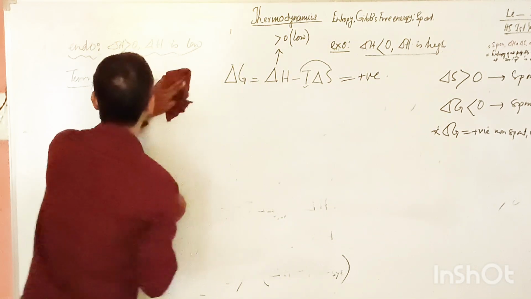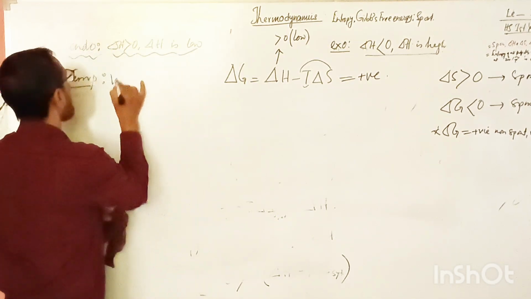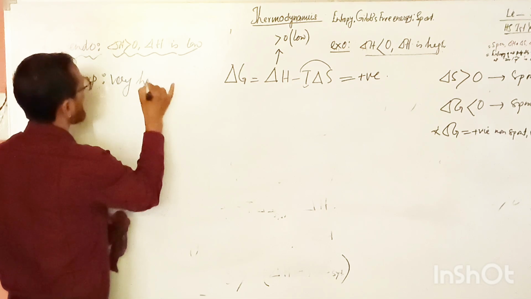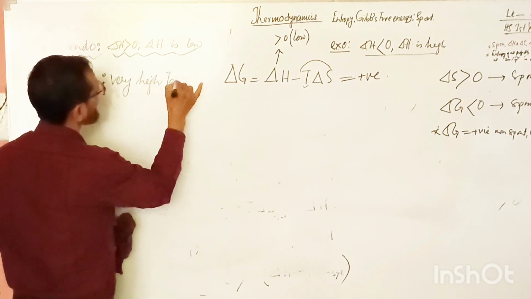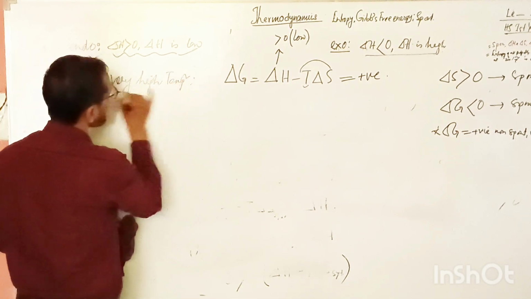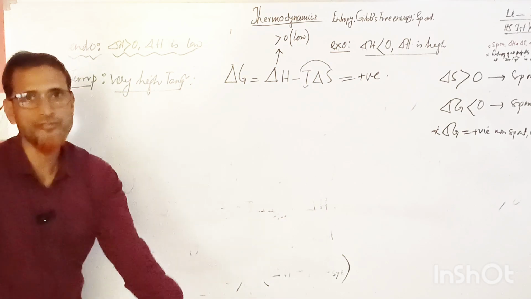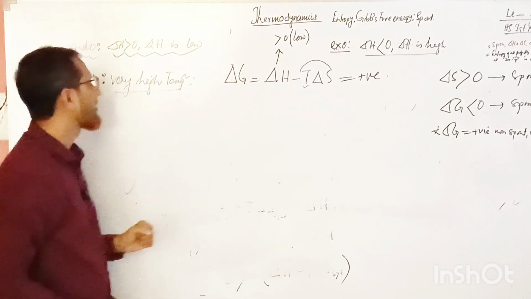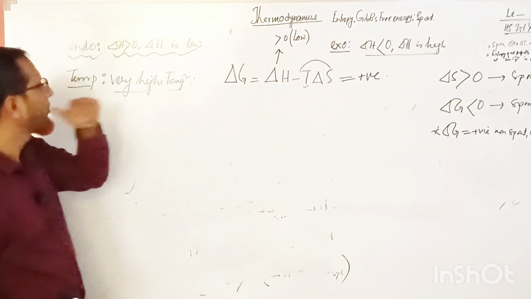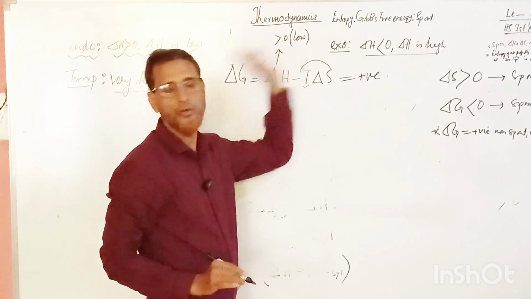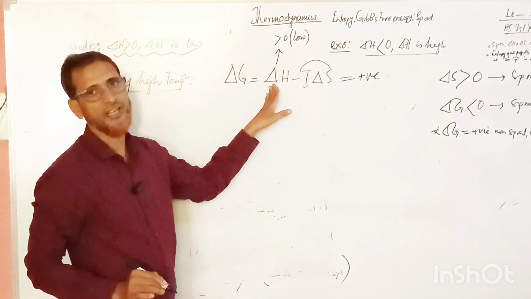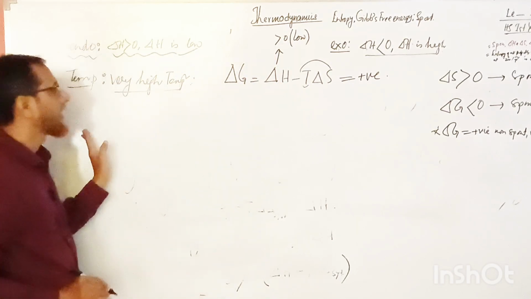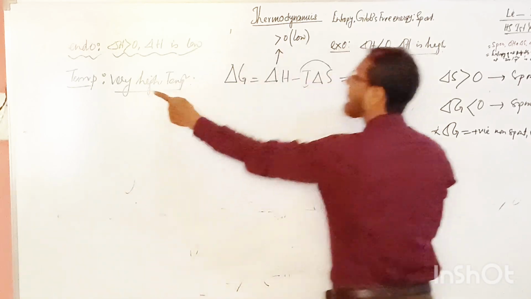Let us assume a very high temperature. Minutely follow. If you don't know the technique or the fact, you cannot answer any questions. At very high temperature, what happens? For an endothermic reaction, we know ΔH is greater than 0, no doubt, but its value is not too high. Now the temperature is too high.